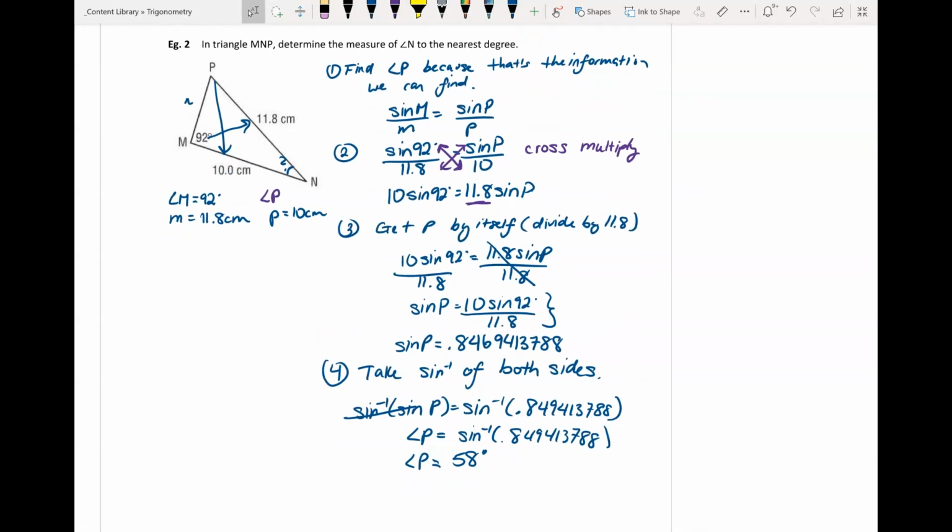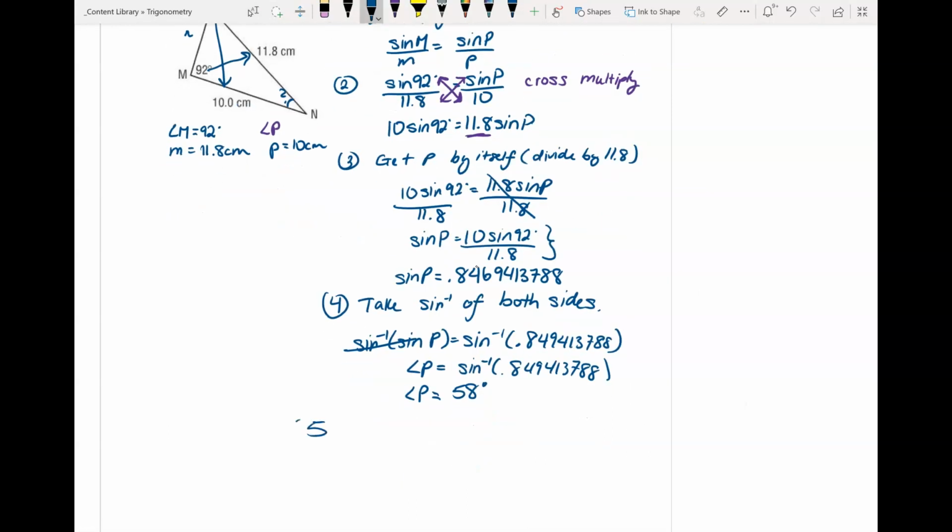But we know that all three angles in a triangle must add up to 180 degrees. So just a side note here.